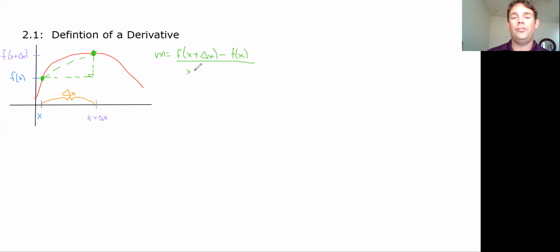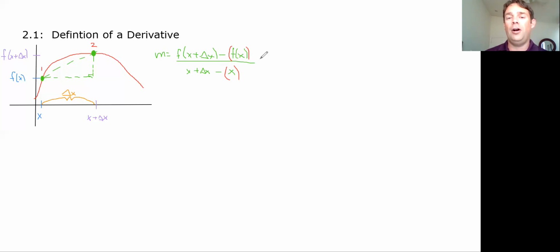So x plus delta x minus x. So we had our first point, and then we're subtracting that second point. So here's our point 1 right here, and this is point 2 down here. So y2 minus y1 over x2 minus x1.